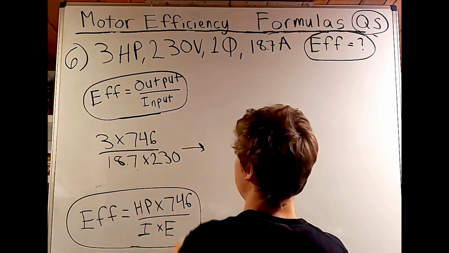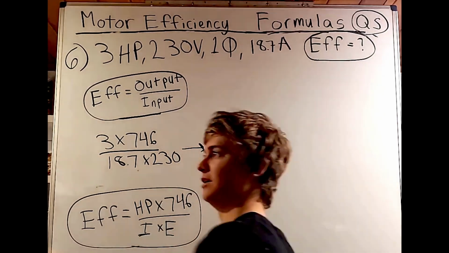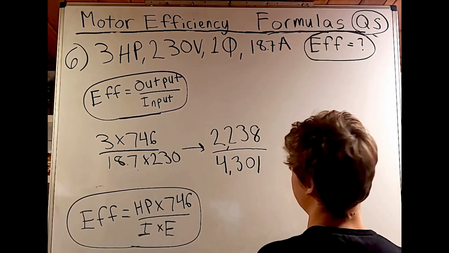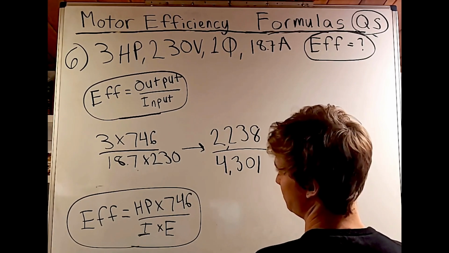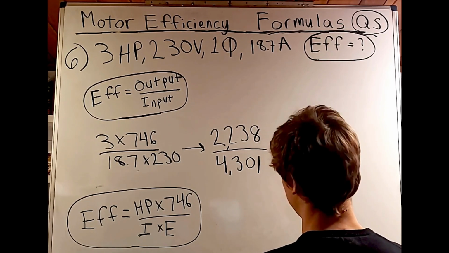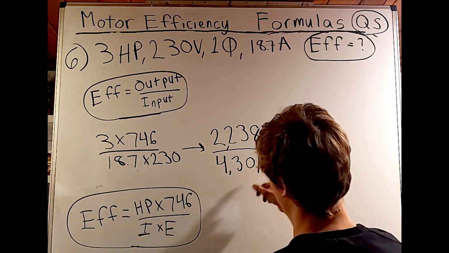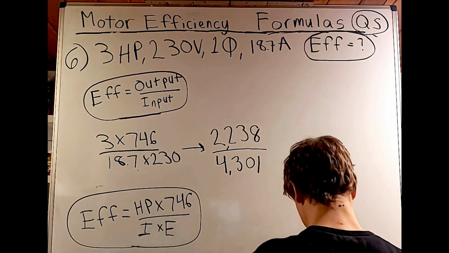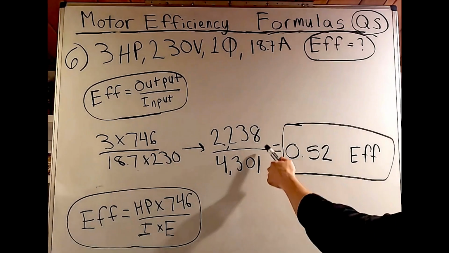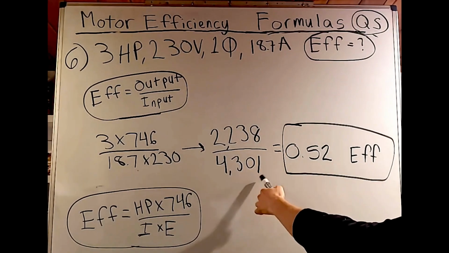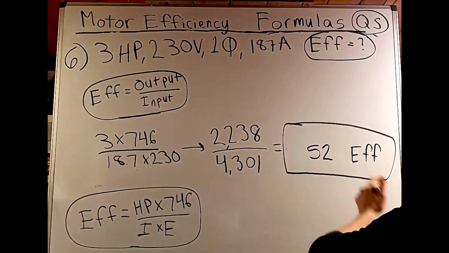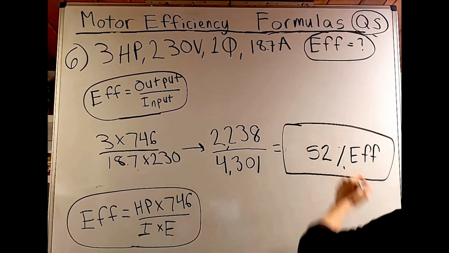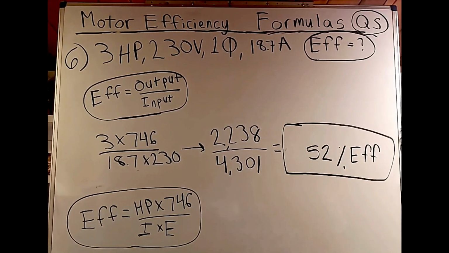Again, multiply the top, multiply the bottom separately, divide them. 3 times 746 is going to give us 2,238. 18.7 times 230 is actually going to give us 4,301 with no decimals. 2,238 divided by 4,301 is 0.52. So I'll rewrite that as 52% as the efficiency rating for this question.